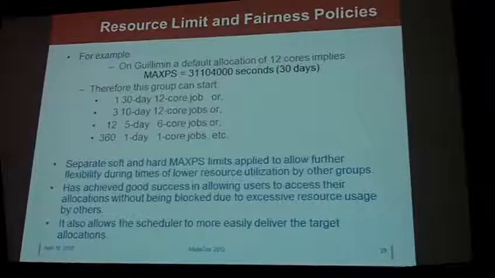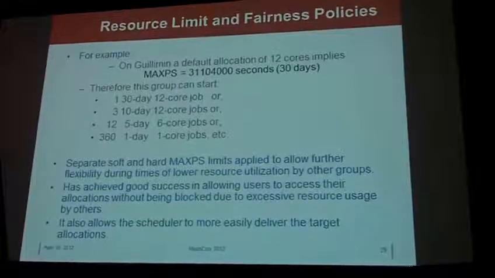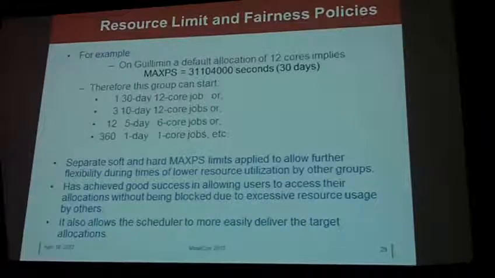We define these with soft limits and hard limits, so that if everyone's using the resource, the scheduler has some flexibility to go above the soft limit, but we also put in restrictions at the hard limit so people don't abuse the system. Since about February, we've had good success with this in terms of utilization, so people are not blocking others.